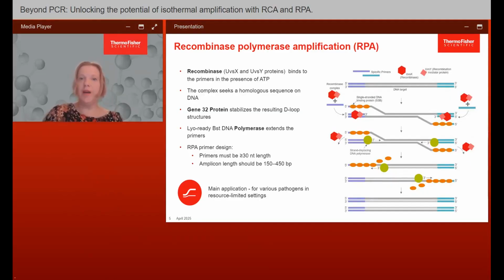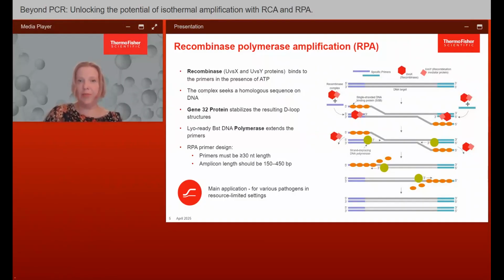It's called Recombinase Polymerase Amplification. If you look at the scheme, it is very similar to PCR. It needs only 2 primers and strand displacing DNA polymerases, BST DNA polymerase, with the help of recombinase enzyme.